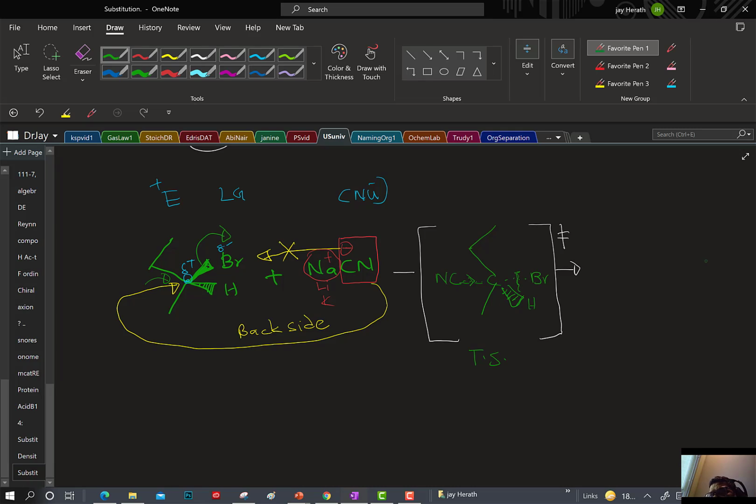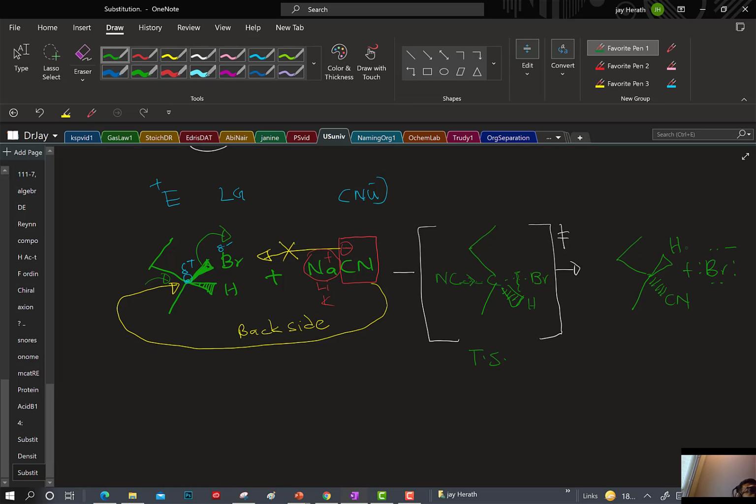So therefore I'm just going to put the bromine here, negative, octet complete, and it's pretty happy to be there. Now here what happens, and because CN came from the bottom, I need to put CN here, and then hydrogen is the little guy, it will be pushed like that.